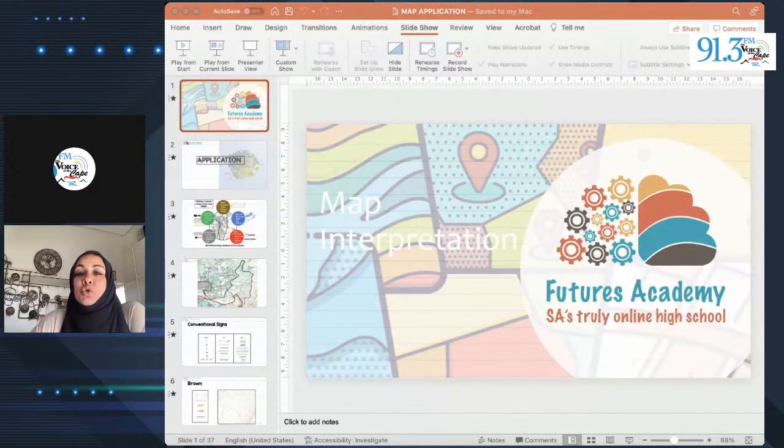Then when we come to the blue and the brown, these are natural features that are found on our map. Now, when we say natural, in terms of the brown, we are referring to things like the relief of the area, mountains, valleys of the region, whether or not that region is flat, whether or not that region is steep. So we look at contour lines when we look at that particular aspect of it.